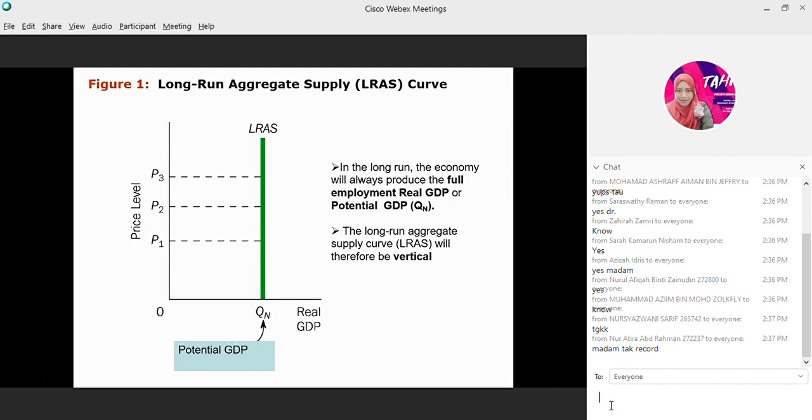Let's say that we have an invention, and then we create people graduating with a special accounting degree. So let's say we have 10,000, produced by UUM, University Utara Malaysia. The 10,000 is the number that we aim to have employed.